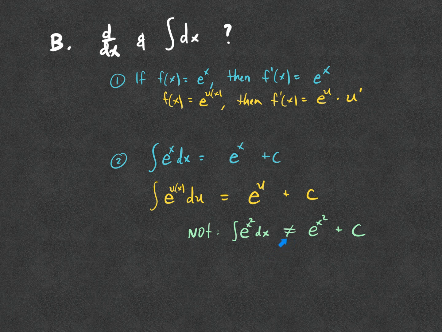The reason it doesn't work that way is the formula says the integral of e to the u du equals e to the u plus c. So if u is x squared, is this du? It's not. If u was x squared, then du would be 2x dx. So this formula would say, if you had this, then you basically have e to the u du, and the answer will just be e to the u.